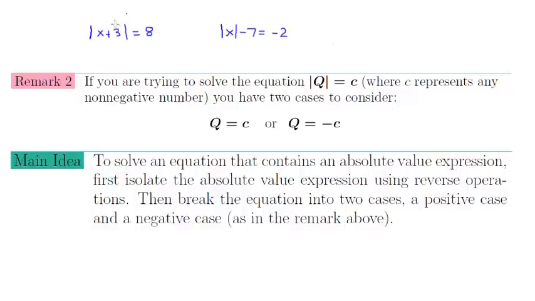These are examples of absolute value equations, equations involving an unknown and which contain absolute value signs. When we solve these equations, there's two things we want to remember. First, we'll be getting two answers or two cases. And second, you always want to isolate your absolute value first. So let's get started on some examples.